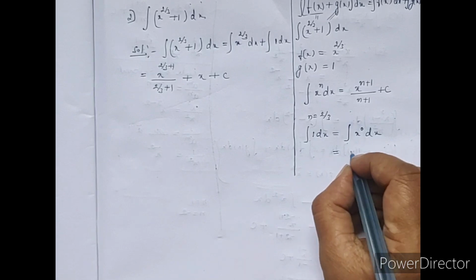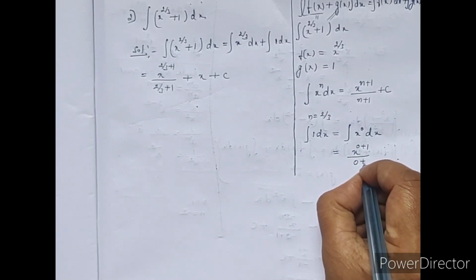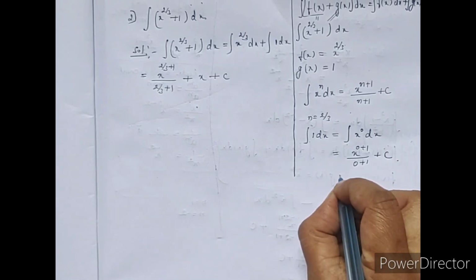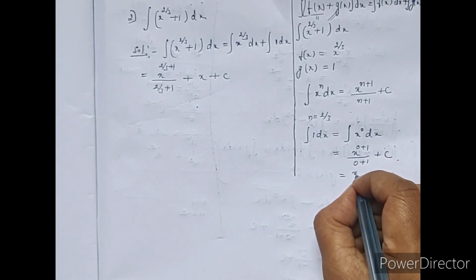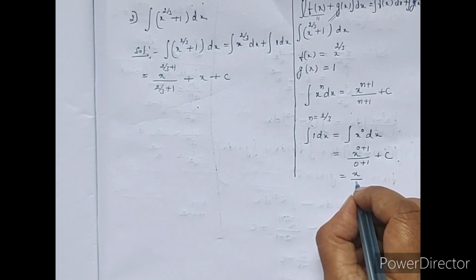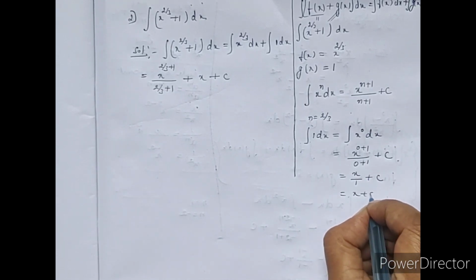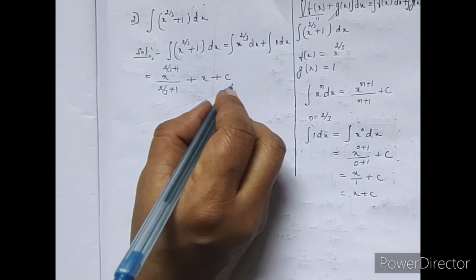So if we apply the formula, it is x to the power of 0 plus 1 divided by 0 plus 1, plus the constant of integration c. So x to the power of 0 plus 1 is x, divided by 0 plus 1 is 1, or x by 1, or it is simply x. So therefore x plus the constant of integration c. For both the integrals, we are writing a common constant of integration.